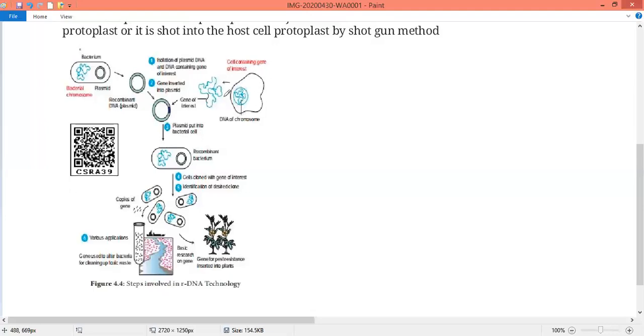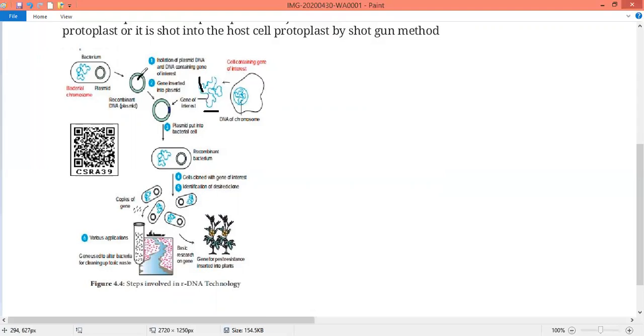Directly you can take DNA from the cell with the help of lysozyme, chitinase, or cellulase. Different types of enzymes will degrade this wall, and we can isolate the DNA. After that, with the help of restriction endonuclease enzyme, we can do fragmentation. Once you do the fragmentation, here there are a number of insertional sites.